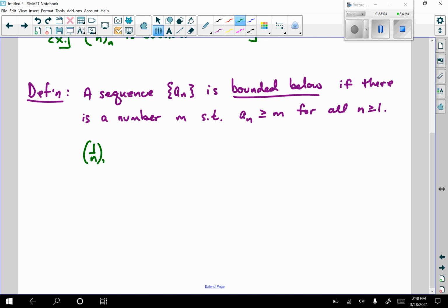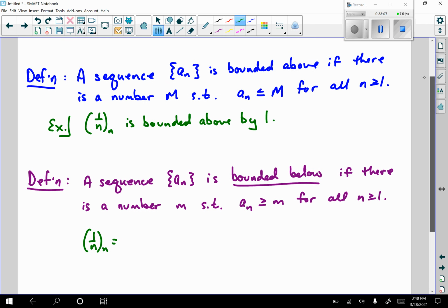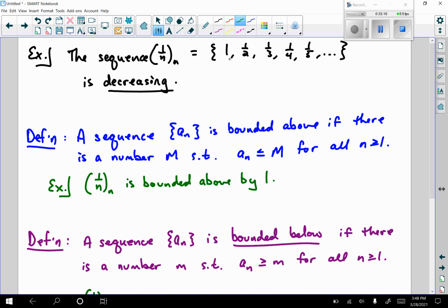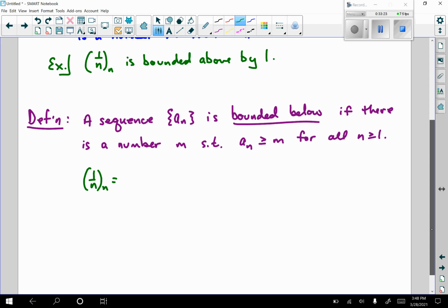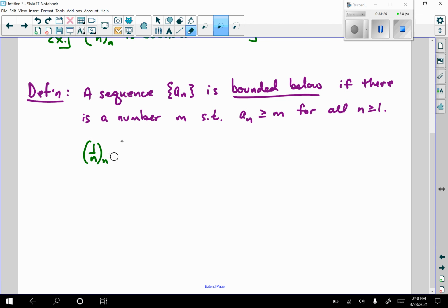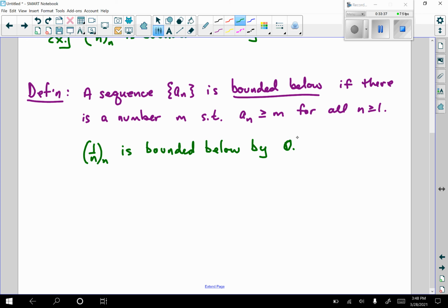Again, going back to our example, if we look at all these values, we're seeing they are decreasing, but what's the lowest value they're going to get? They're never going to become negative as n keeps increasing, and they're never going to be 0, but they're going to approach 0. So we'll say it is bounded below by 0. If it's helpful, if you're not quite sure what this is, maybe start plotting the terms of the sequence to help you see that a little bit better.